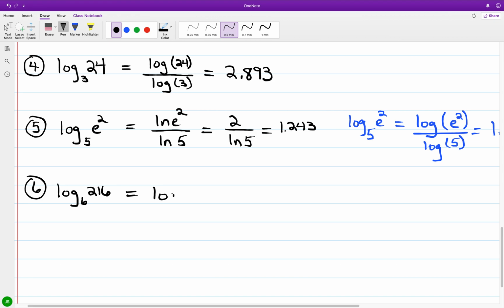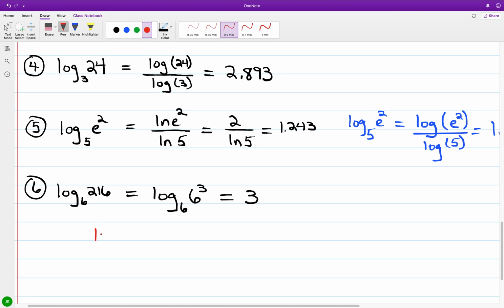In the case of number 6, you have the base 6 logarithm of 216. And now 216 is both a multiple and an integer power of 6. In fact, 216 is 6 raised to the third. So in this rewrite, we have the base 6 logarithm of 6 cubed, and this will go to 3.